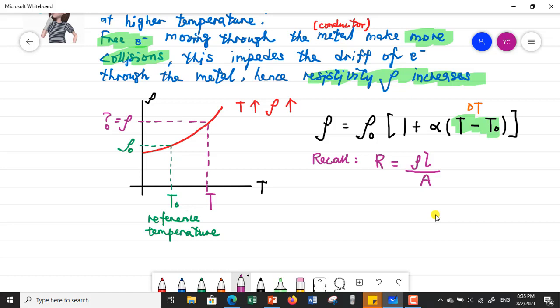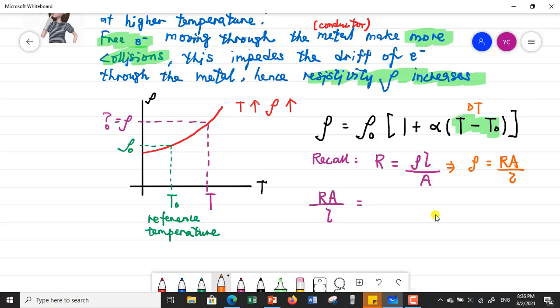If I rearrange this equation, I get the resistivity is RA over L. Right?